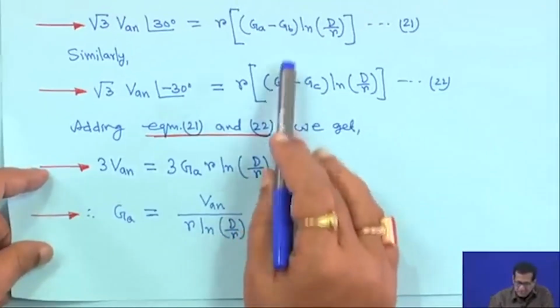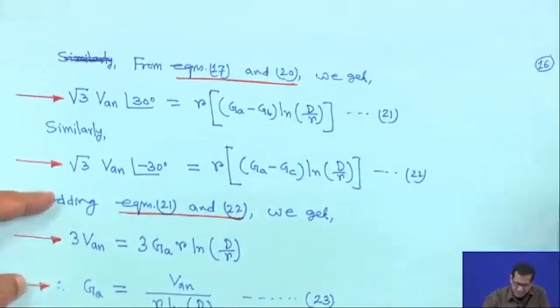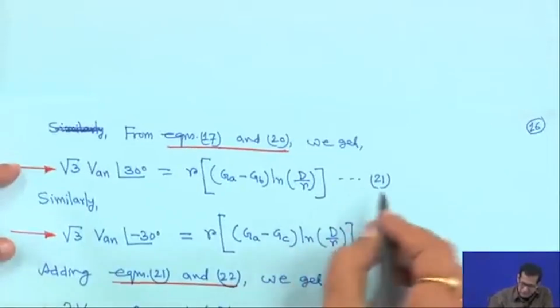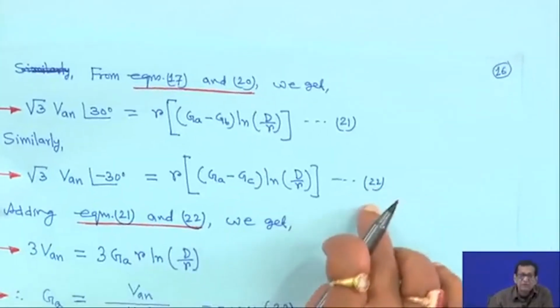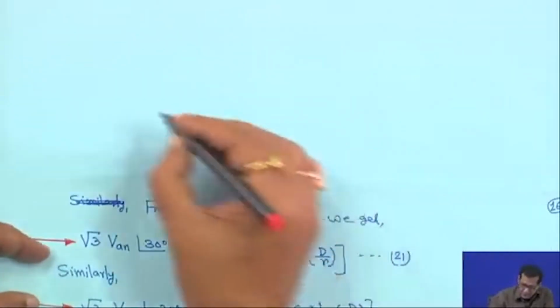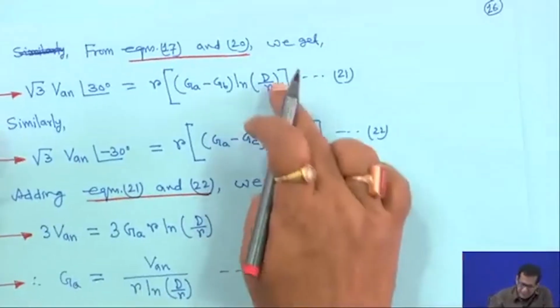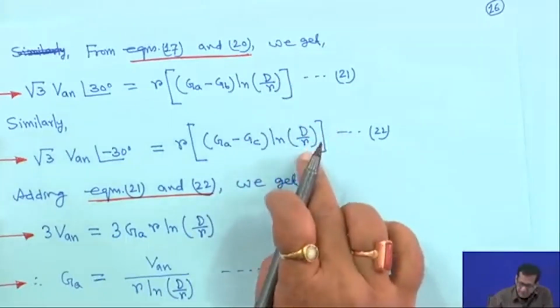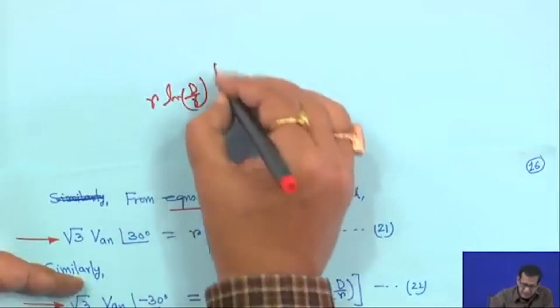Now, if you add these two, I will show only the right hand side, how things are coming. If you add equations 20, 21 and 22, then if you take R common, ln d upon R is also common.